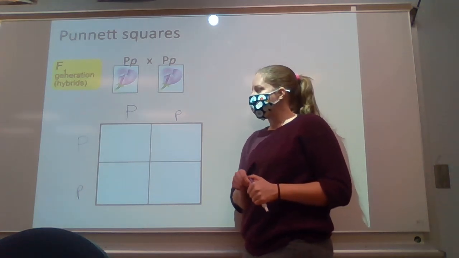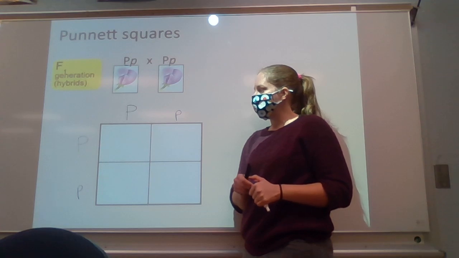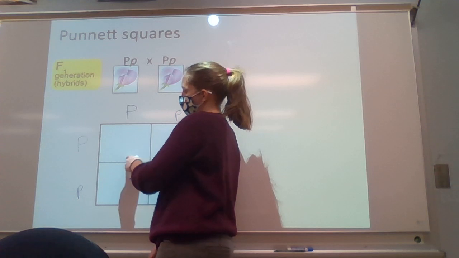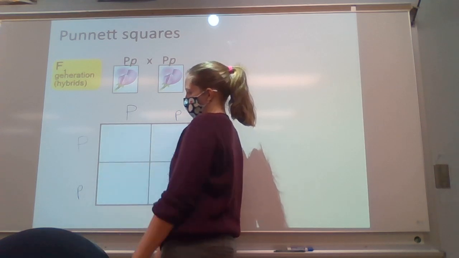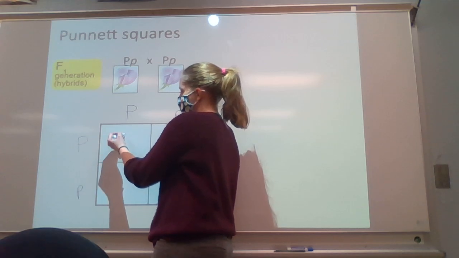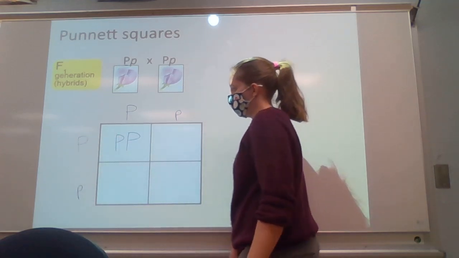So in these boxes, we're going to combine the allele that's above and to the left of it. So this box is going to end up having what genotype? Homozygous dominant. They're getting a dominant allele from both parents.